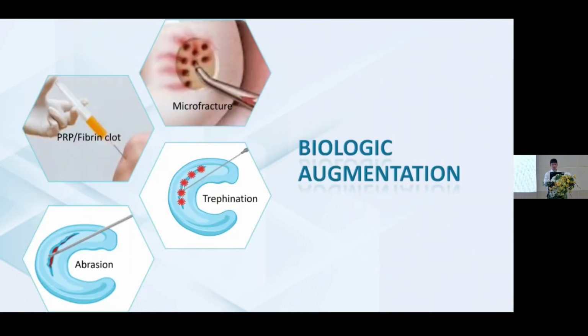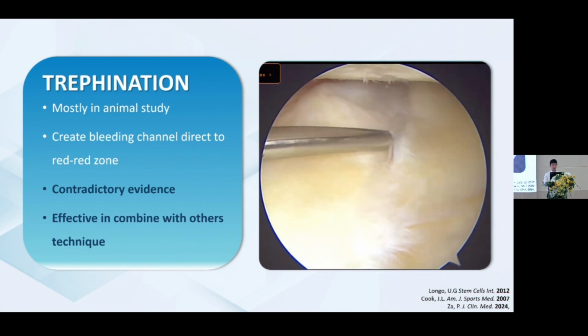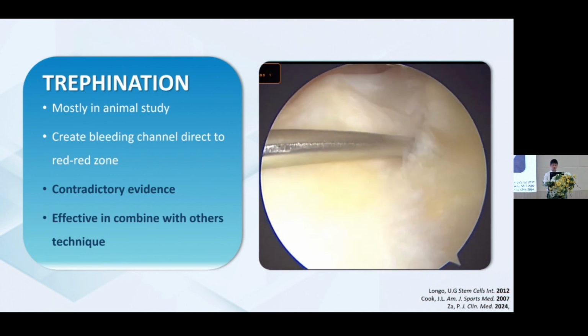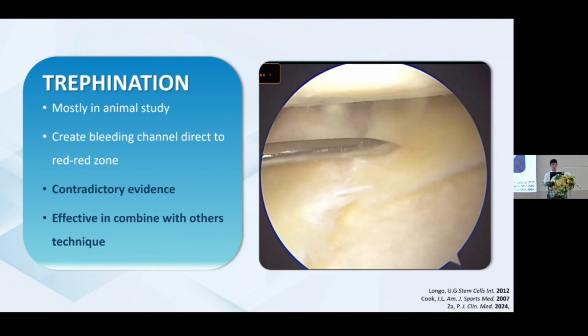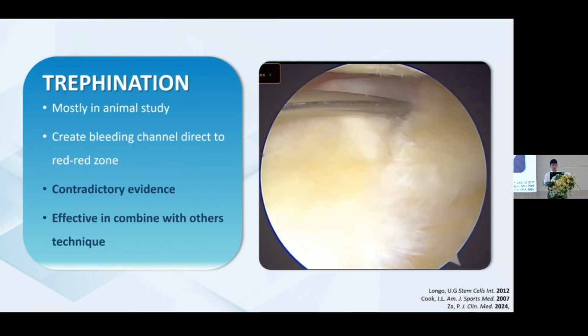Apart from the technique, there's also the biologic augmentation. For all the biologic augmentation, the evidence is inconclusive. Trephination is easy to define: penetration into the red zone to create channels for blood supply, but the evidence is contradictory, so we usually combine it with the repair technique.